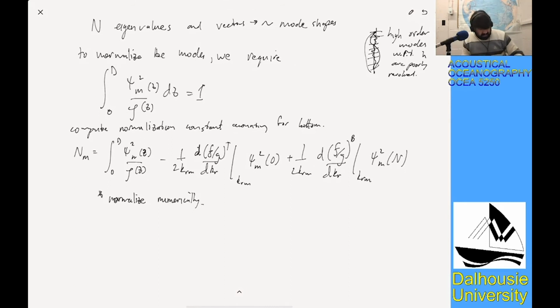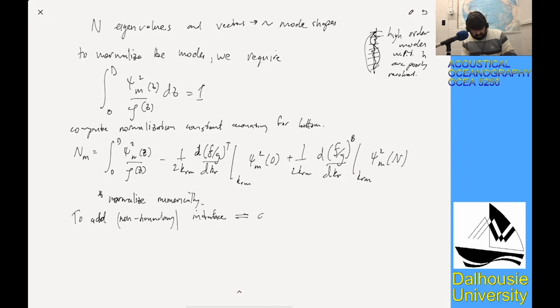To add a non-boundary interface, what do I mean by that? Well, a discontinuity in the sound speed.